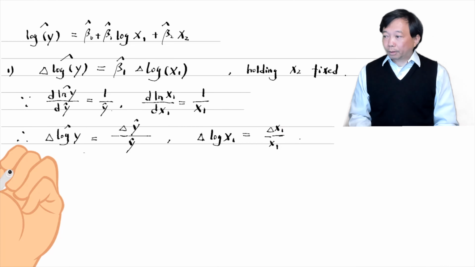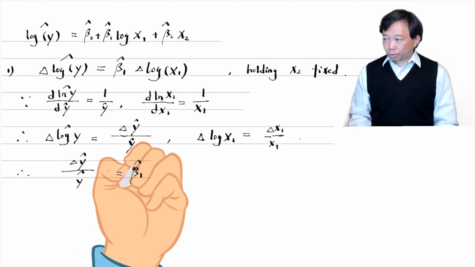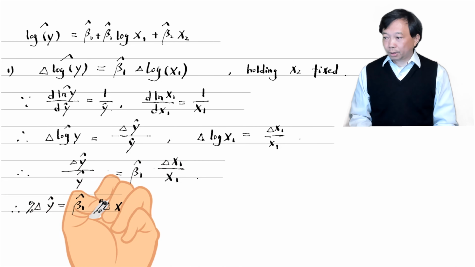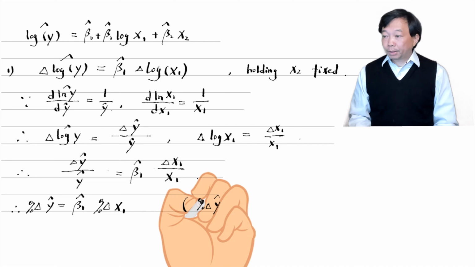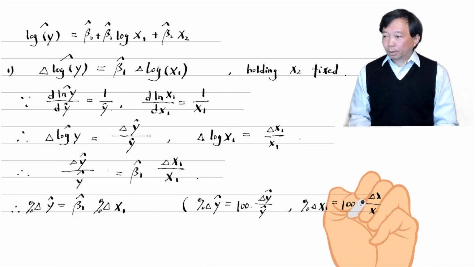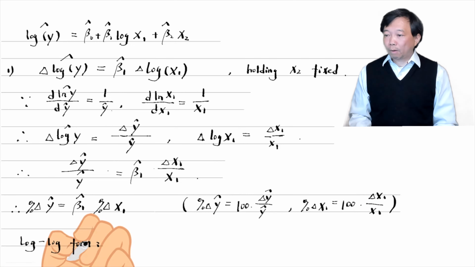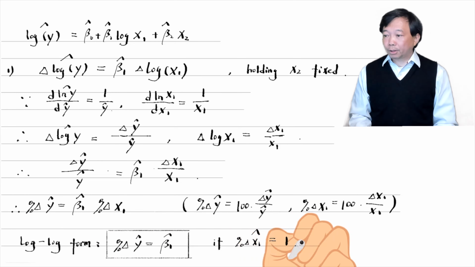Then, using the definition of the percentage change, we can write the percentage change in y hat equals beta 1 hat times the percentage change in x1. If x1 increases by 1%, then y hat changes by beta 1 hat percent. Beta 1 hat is also known as the elasticity.